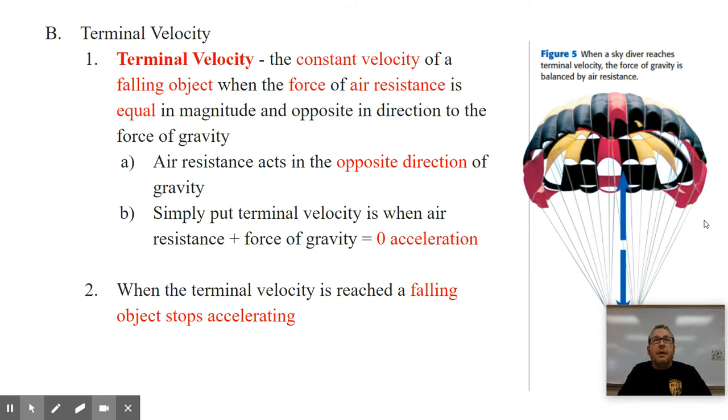But when we have objects that are falling, we have to consider that they are going to encounter air resistance. Even though on the previous slide they said we're going to neglect air resistance, which is often what you do in initial calculations in physics, neglecting the majority of the forces acting on an object because you're trying to isolate what an object would be without any of the numerous forces acting on it.